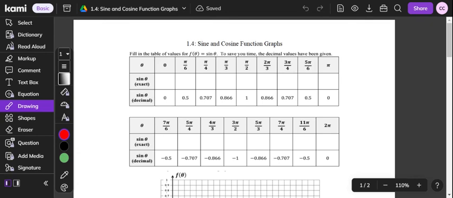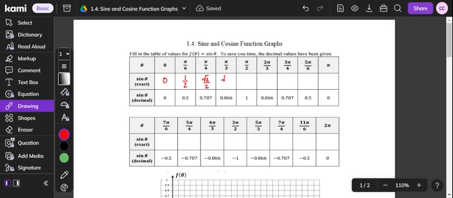So if I look at 0 radians, the y coordinate at 0 radians on my unit circle is 0. And then I can just go all the way around counterclockwise the first half of my unit circle. So if I look at pi over 6, we're at 1/2. If I look at pi over 4, we're at root 2 over 2.